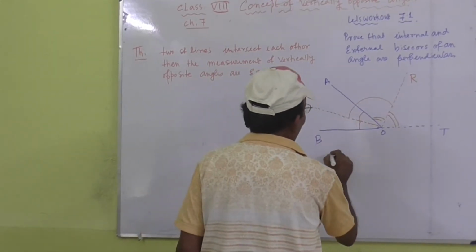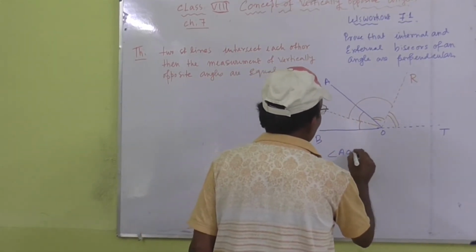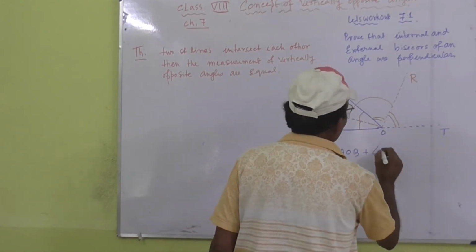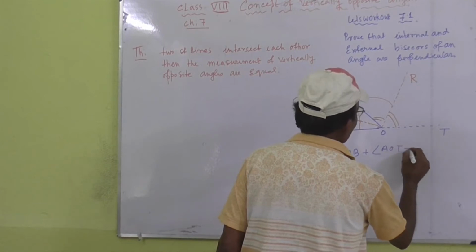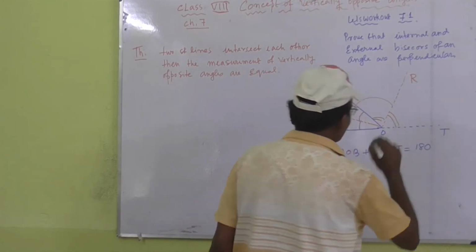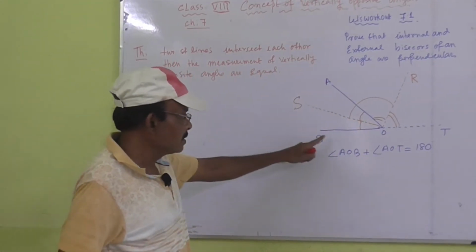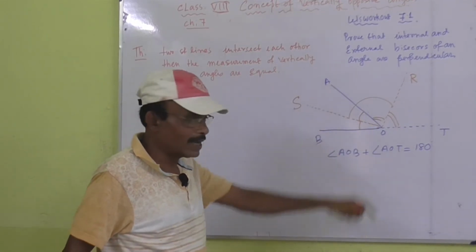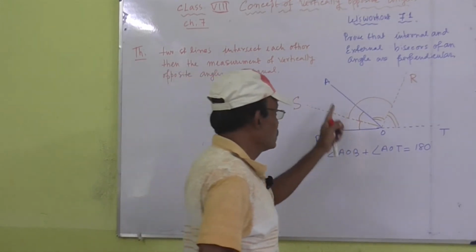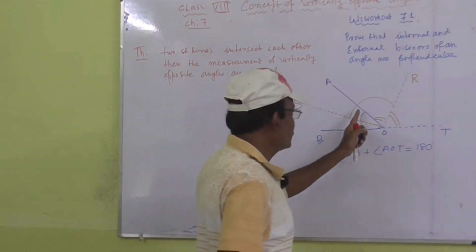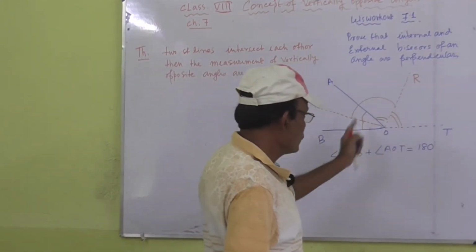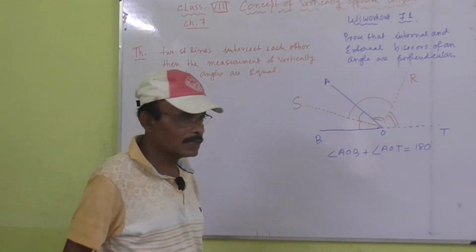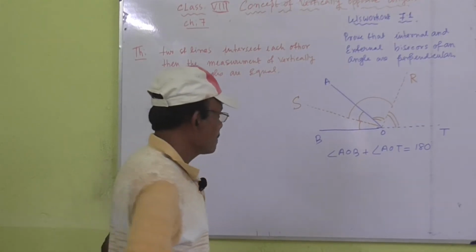Angle AOB plus angle AOT equal to 180 degrees. Clear? Because on the line BT, AO stands. So AOB and AOT are the measurement of this angle, the sum of these angles is 180 degrees.